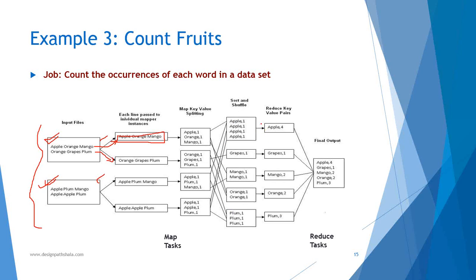This reducer will get apple, 1, 1, 1 and will basically count the values and produce that to the final output. So here we create our own key, something like this, and on the reduce side we get those key and list of values, and we do a summing or grouping or whatever we want to do with those values, and we produce the output. Does that add one more step to your understanding of what you understood in the previous slide?